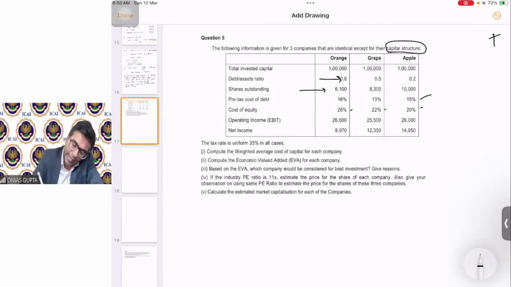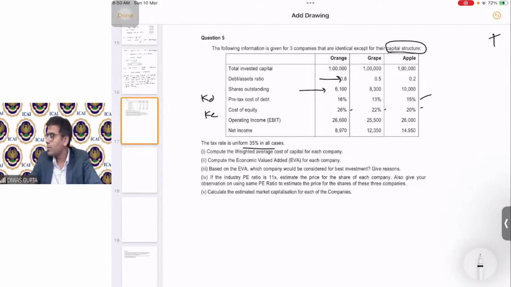Correct? So we have been given cost of equity, cost of debt, but this is pre-tax. Okay, we have to remember this is pre-tax. Operating income, which is EBIT, earnings before interest and tax, is also given to us. Net income is also given to us. Tax rate is uniform 35% in all the cases.